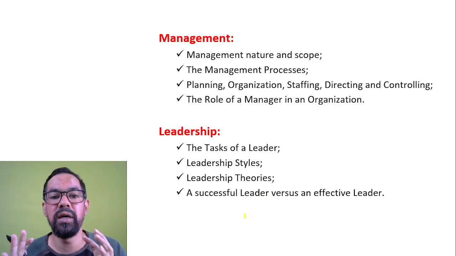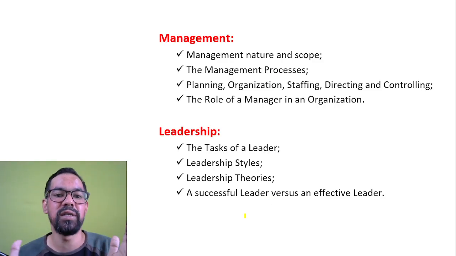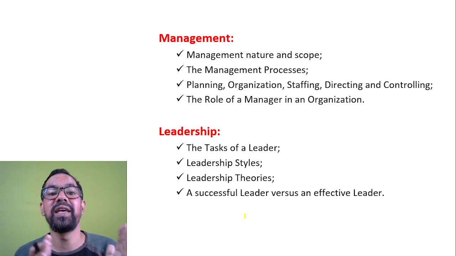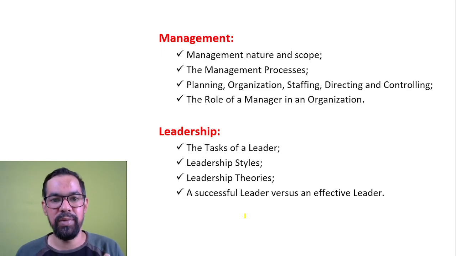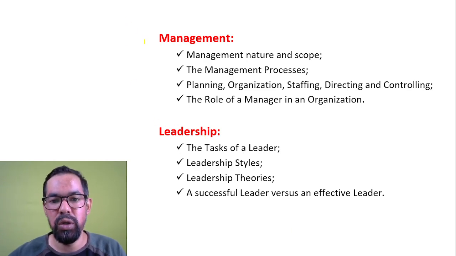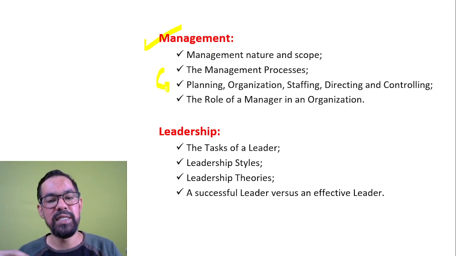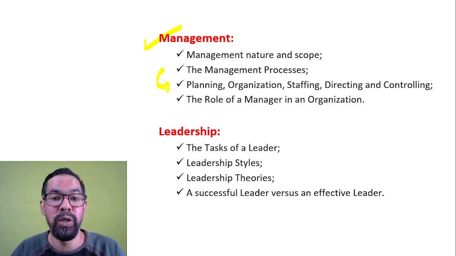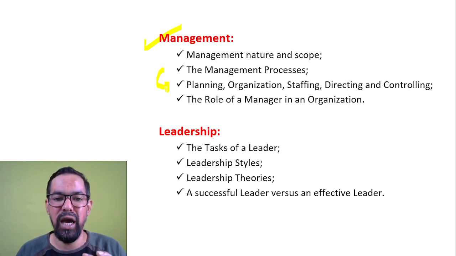Now next, the entire subject, because they want an RBI grade B level candidate, they just combine finance and management. Okay, so management itself has a number of subjects. So next we have management: the nature and scope of management, the management process, which is planning, organizing, staffing, directing, controlling, so that is the entire process.